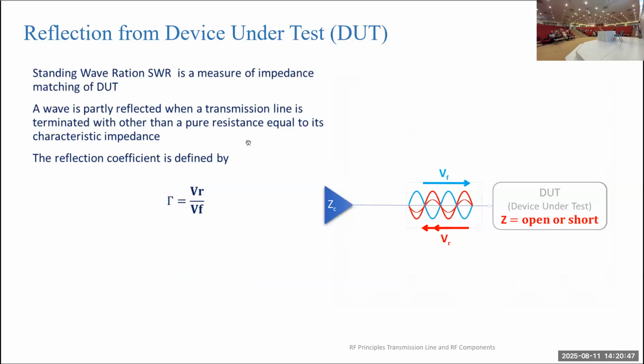Now, when RF power is coupled to the device, there is always a reflection. Some power is reflected back to the source. That reflected power is dumped to some sort of load, because if it is not dumped to the load, it goes back to your RF source, and its efficiency and stability are compromised.